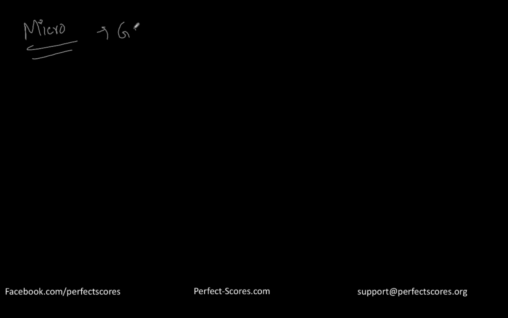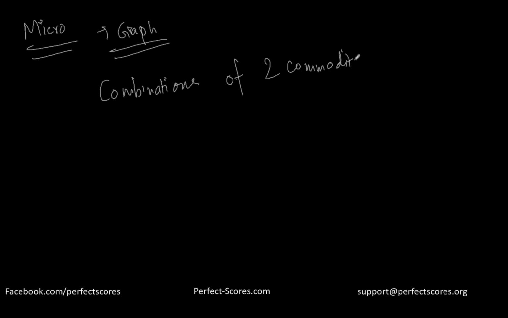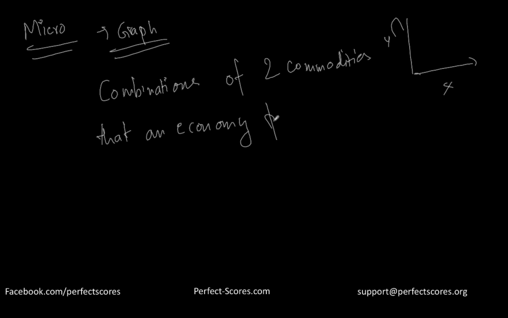This graph shows the various combinations of 2 commodities. We only show 2 commodities because one commodity is on the y-axis and one commodity is on the x-axis, and we show various combinations of 2 commodities that an economy can produce using the fixed resources that it has, right?